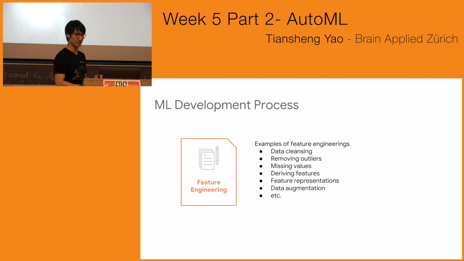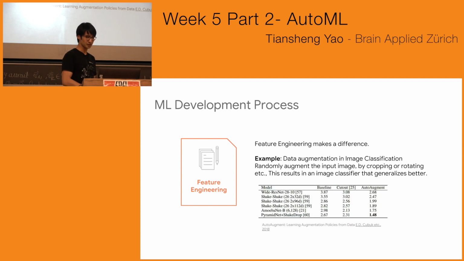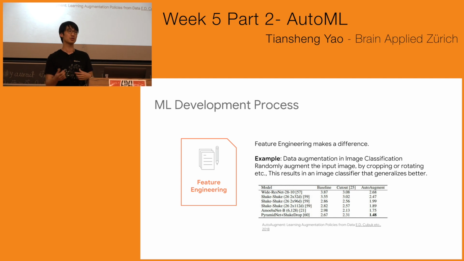And also data augmentation. A specific example of feature engineering is really making a difference in image classification. Image classification is the task where you're given the raw pixels of an image, and you try to predict, out of 1,000 classes, which class this picture is about.